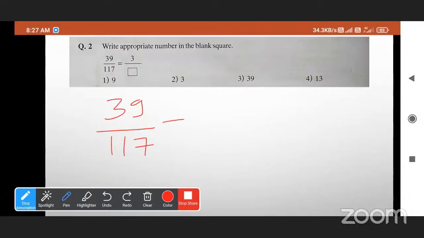Okay, so first of all, we simplify this one. See here, 39 and 117 are multiples of 13. So we will divide this by 13.